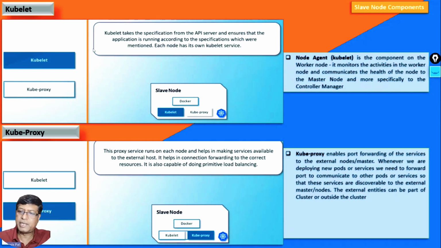So the kube proxy enables port forwarding of the services to the external nodes and master. Whenever we are deploying new pods or services, we need to forward ports to communicate to other pods, because all these pods are communicating with each other. You do not say that they are isolated, but they are not aloof. They are working as part of a bigger application.